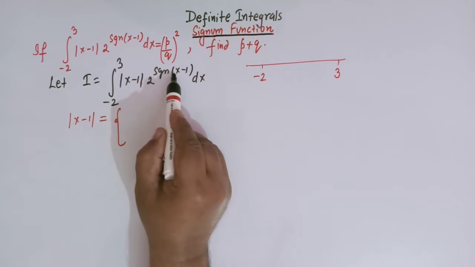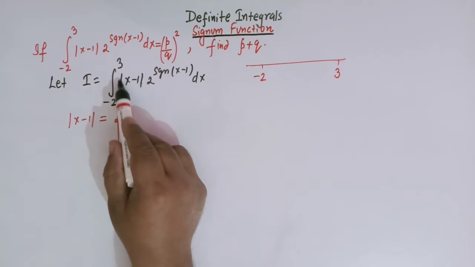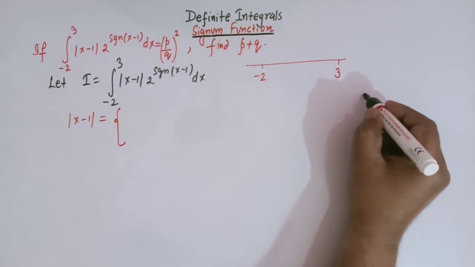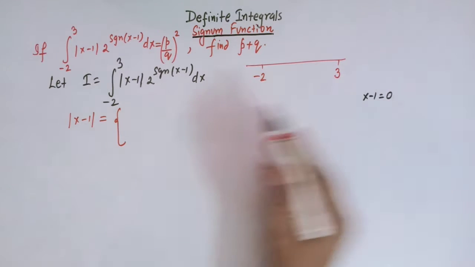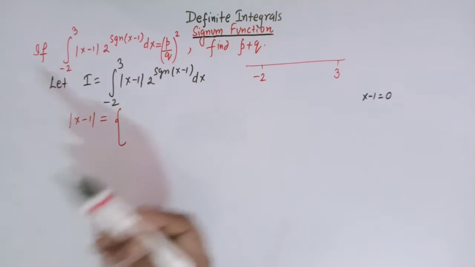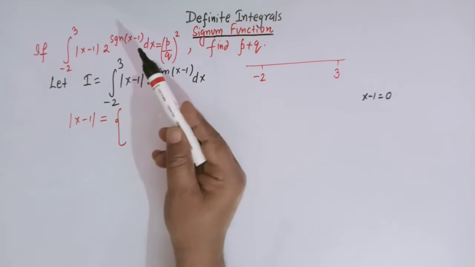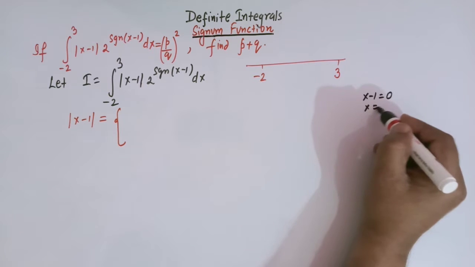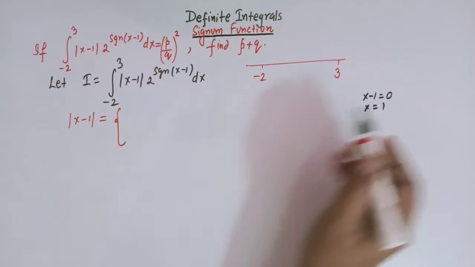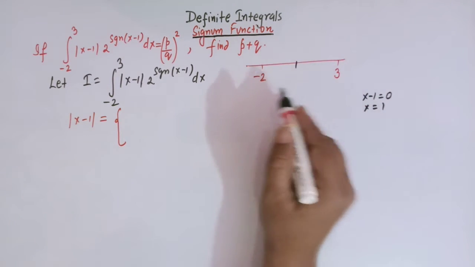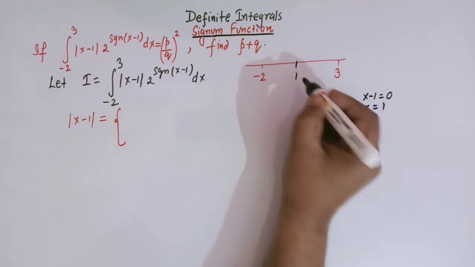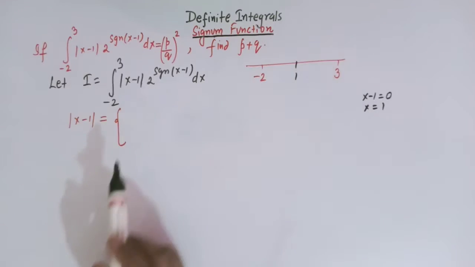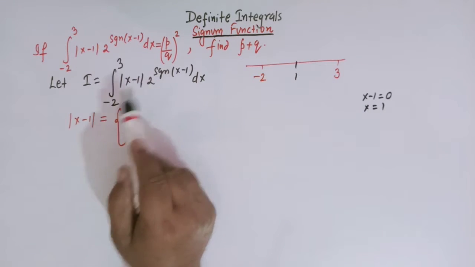Here we have signum of (x - 1) and also mod of (x - 1). Setting x - 1 equal to 0 gives the critical point, or the point where the limit breaks, so x is equal to 1. And 1 lies between -2 and 3.